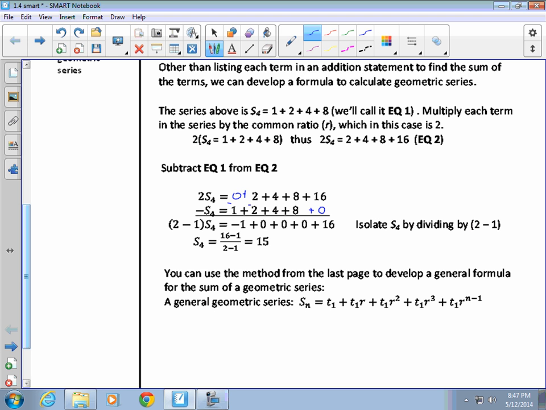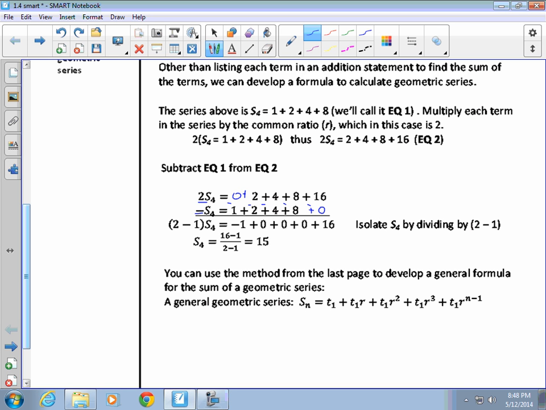If we subtract each term, 0 take away 1 is negative 1, 2 take away 2 is 0, 4 take away 4 is 0, 8 take away 8 is 0, and 16 take away 0 is 16. So we have 2 minus 1 times S4, because that's where I'm taking 2 take away 1 here, is equal to negative 1 plus 16, which is 15.